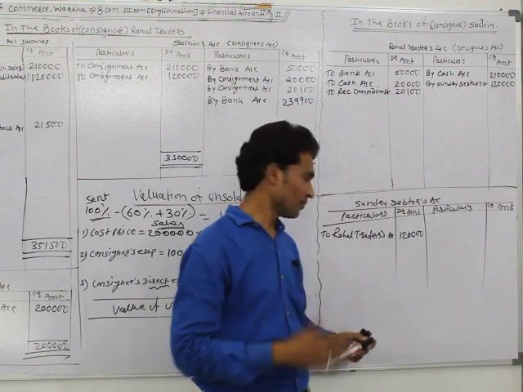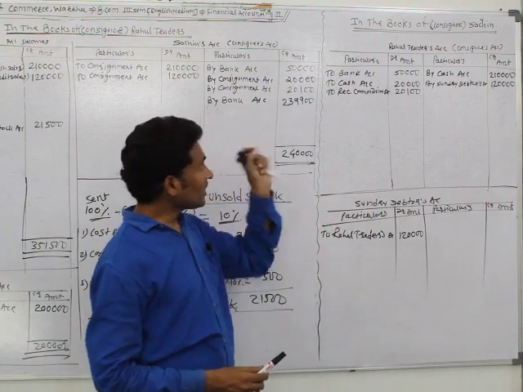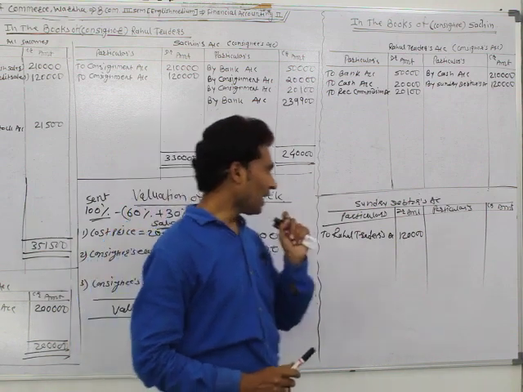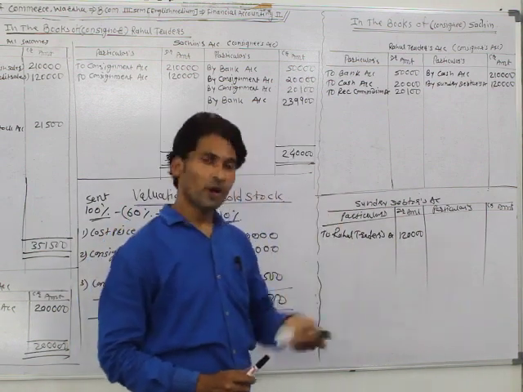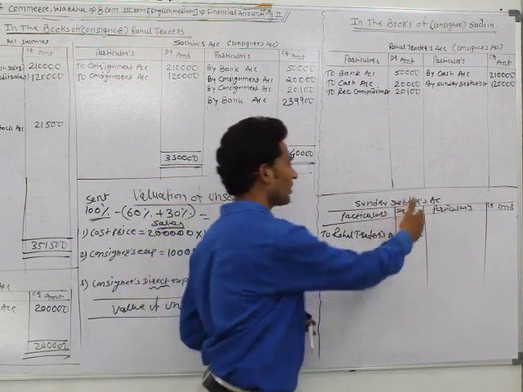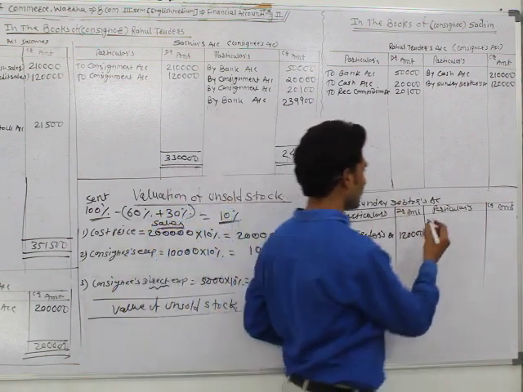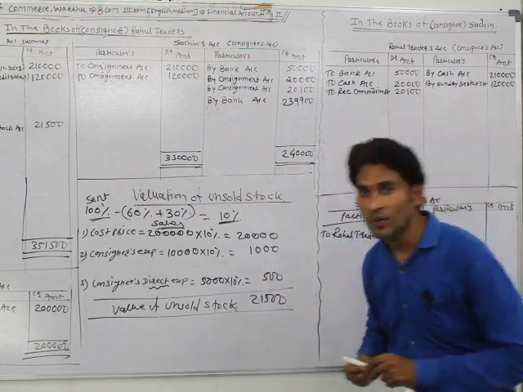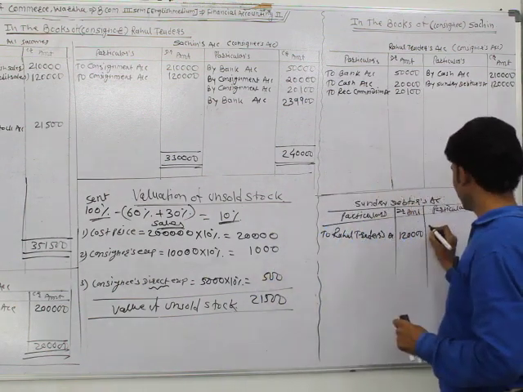When Sachin recovered the amount from debtors, he passed the journal entry: cash or bank account debit and sundry debtors account credit. So it credits the sundry debtors account.